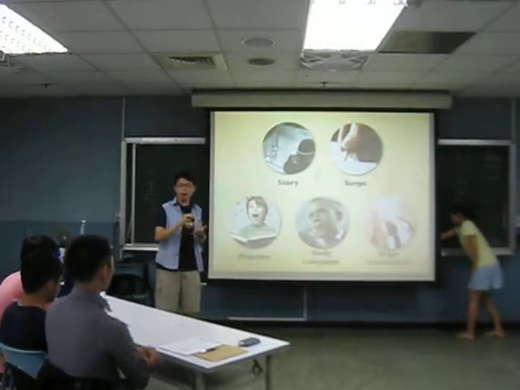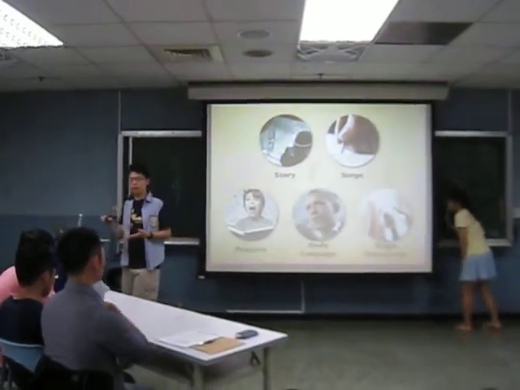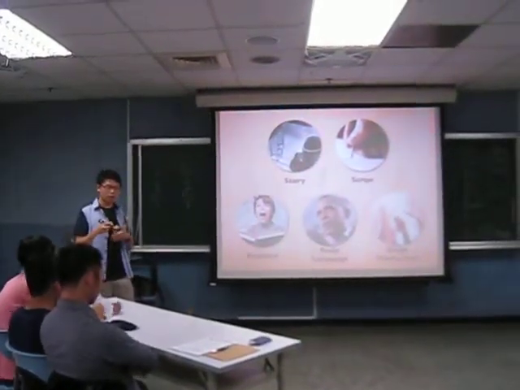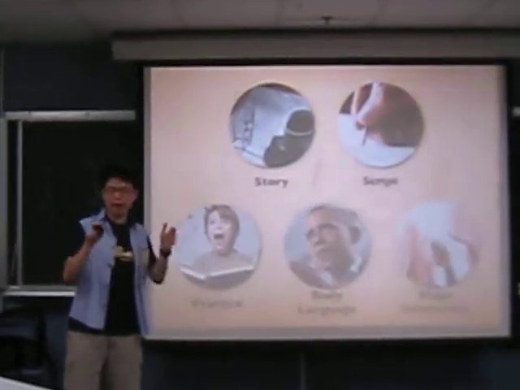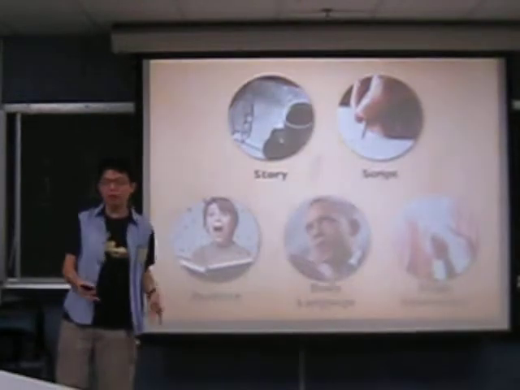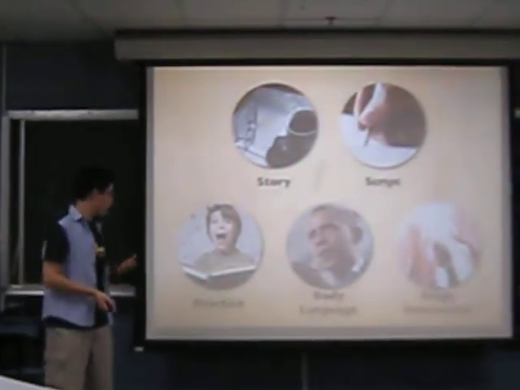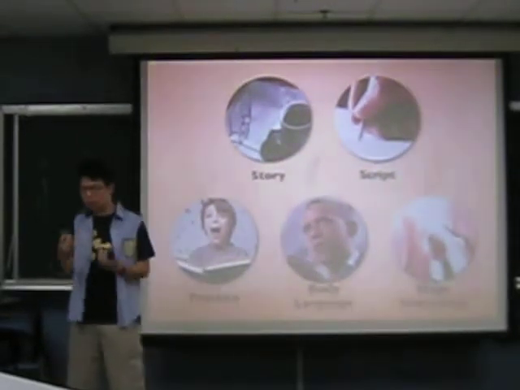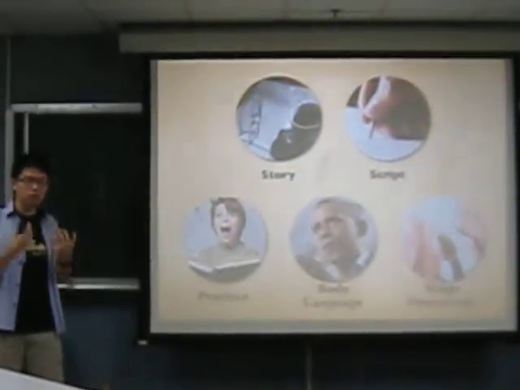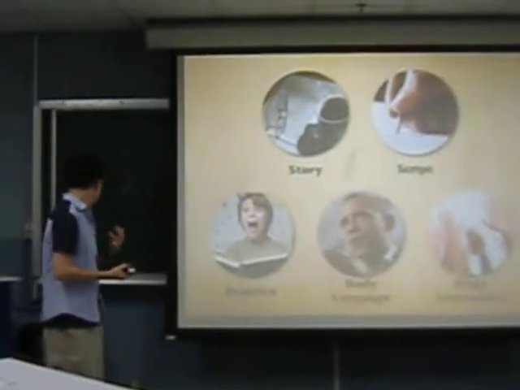Maybe write it down on paper, maybe directly inside your laptop, or even inside your brain. But you have to have a kind of script, no matter whether it is outline form or verbatim form. And then you will have some time to practice. Practice makes perfect, it's what we all know. But how to practice is another thing we are going to learn.